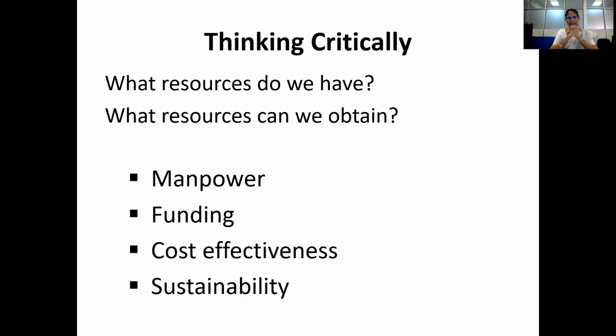So get together, a small group who are willing to start palliative care in your hospital, and think about what resources we have, what resources can be obtained, whether we have manpower, whether we have funding, how cost-effective our unit is, and the sustainability of our unit, which is the most important thing.